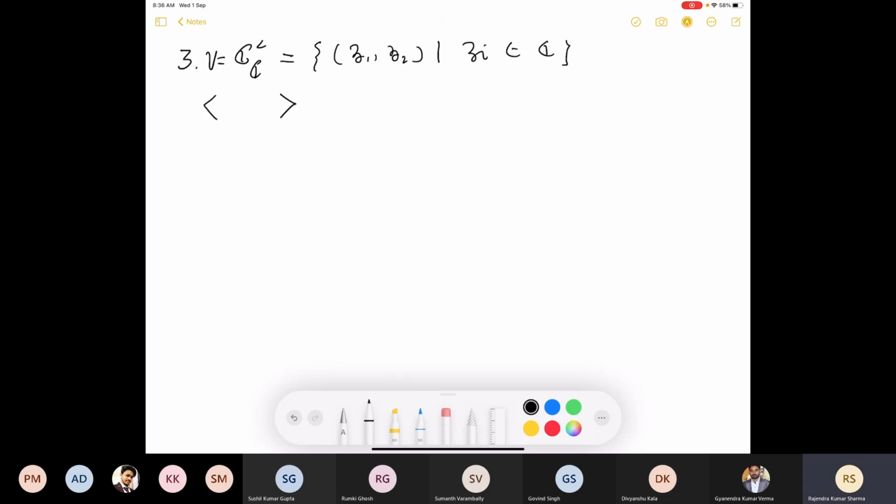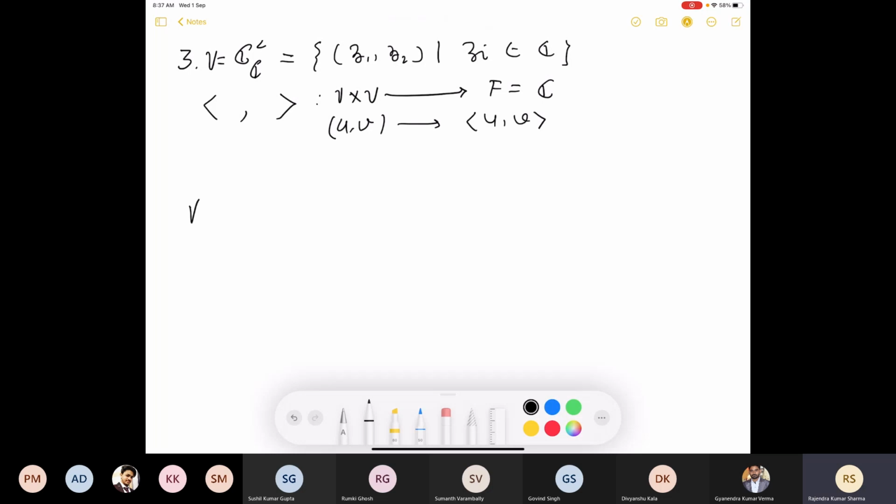And the inner product here is defined as a map V cross V to F, where F is C. So this is your U, let us say, V going to the inner product UV, and this is the inner product of, let us say, Z1, Z2 one vector and say W1, W2 another. So in that case, this will be defined to be.